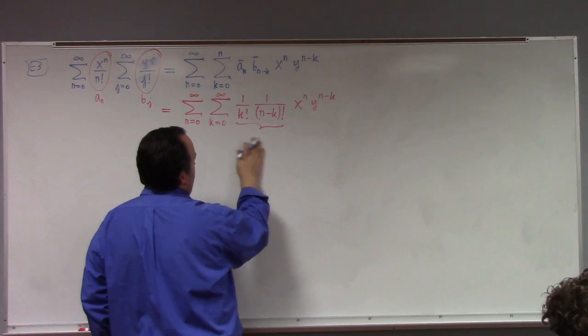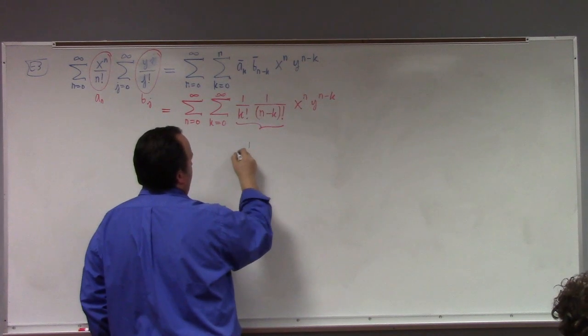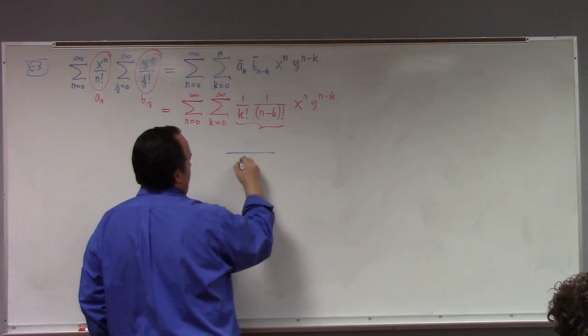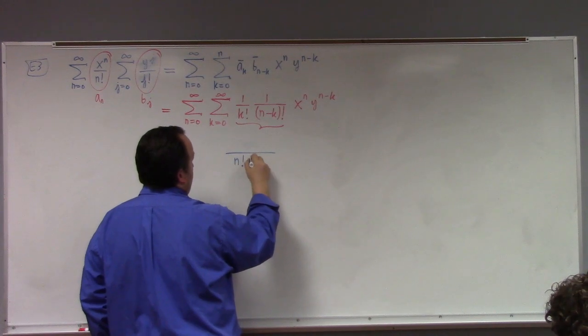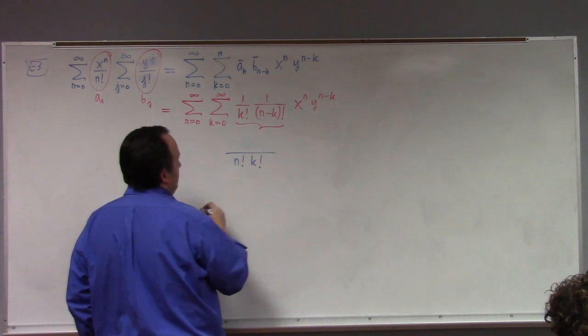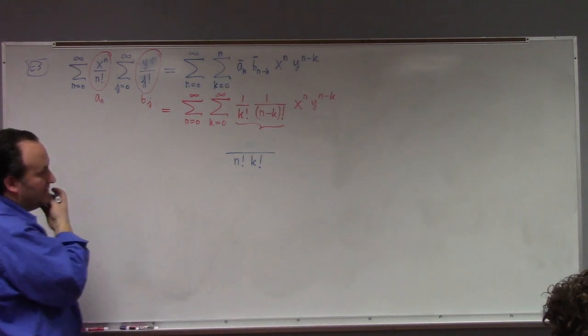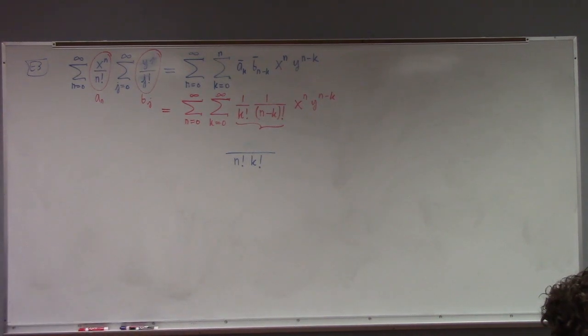Let me say this. If I trade this for n factorial times k factorial, what do I have to put upstairs in order for that to be equal to what's right above it?